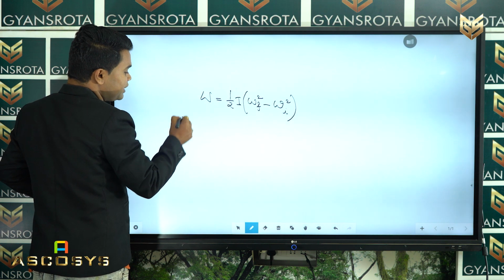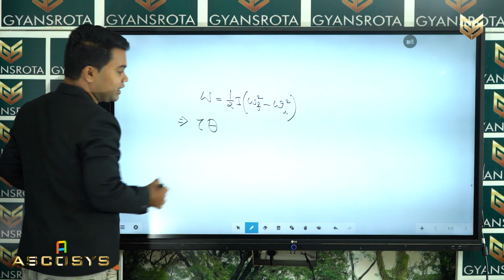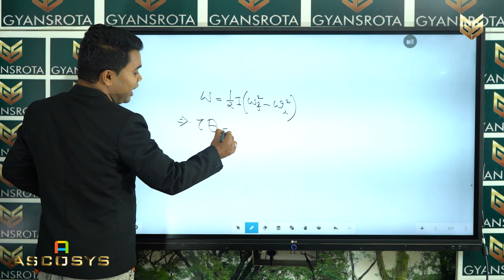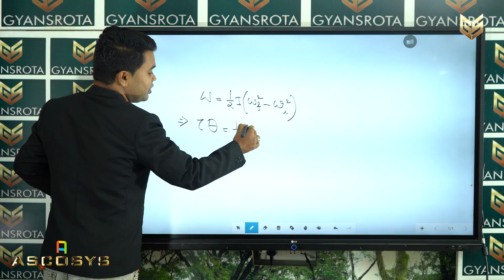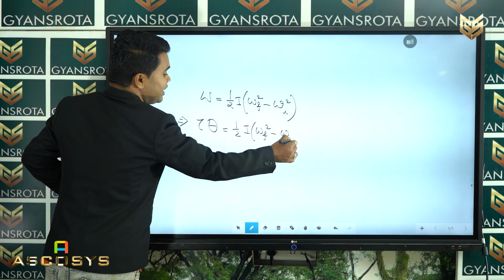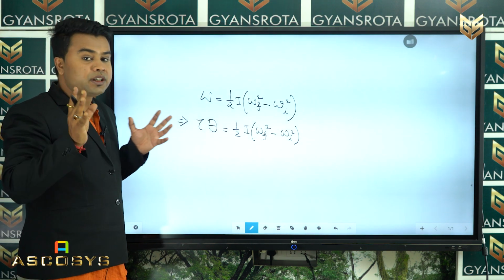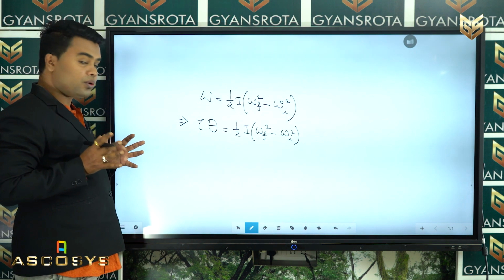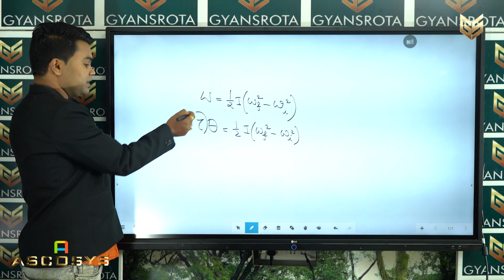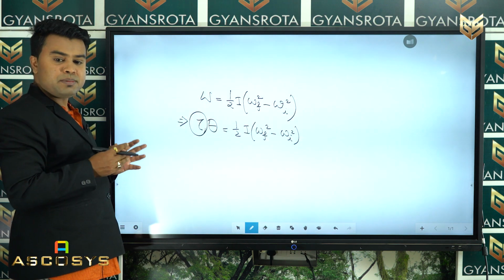So work done can be written as torque multiplied with theta, yes or no? Half I (ω_f² minus ω_i²). Now you have all the values supplied to you in the question. You need to calculate only which one? You need to calculate this torque. I hope this one will be easy for you, and let me tell you the answer.